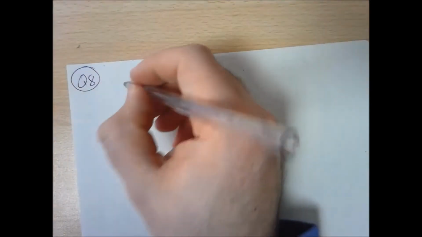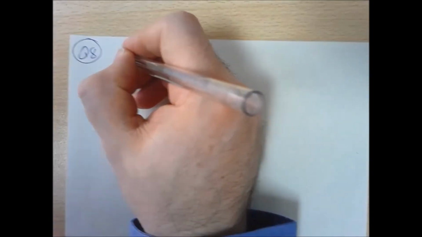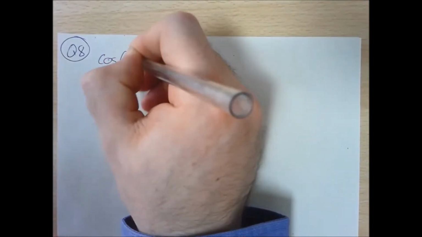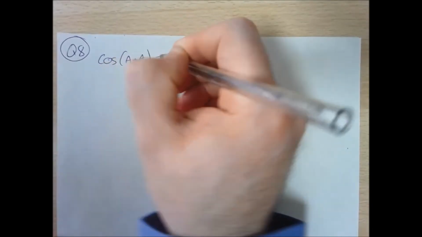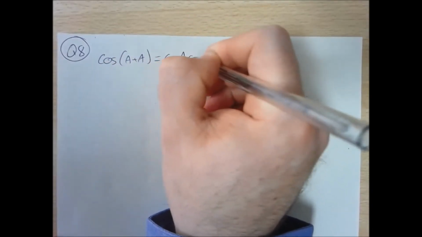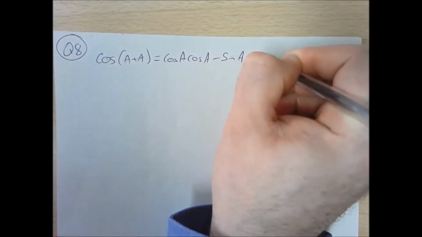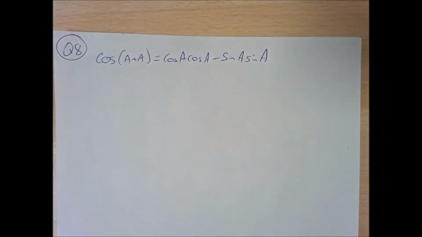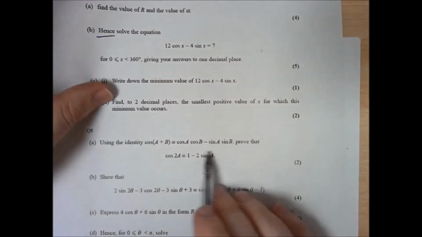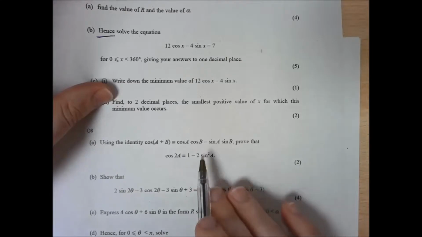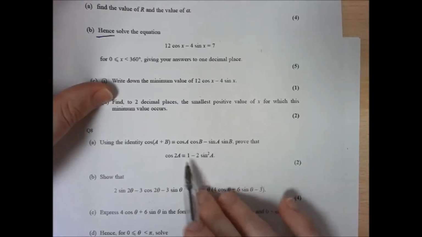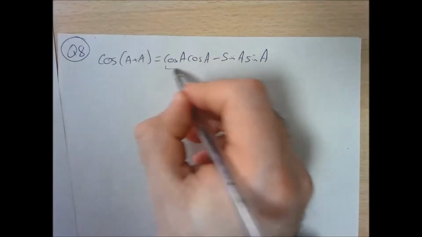So we get cos A plus A equals cos A cos A minus sin A sin A. So we've done what we were told to do, but then we look at this and we discover it's not actually the way we want it to be yet, because they've got some sine squareds and no cos squared, and we've still got this cos squared here.